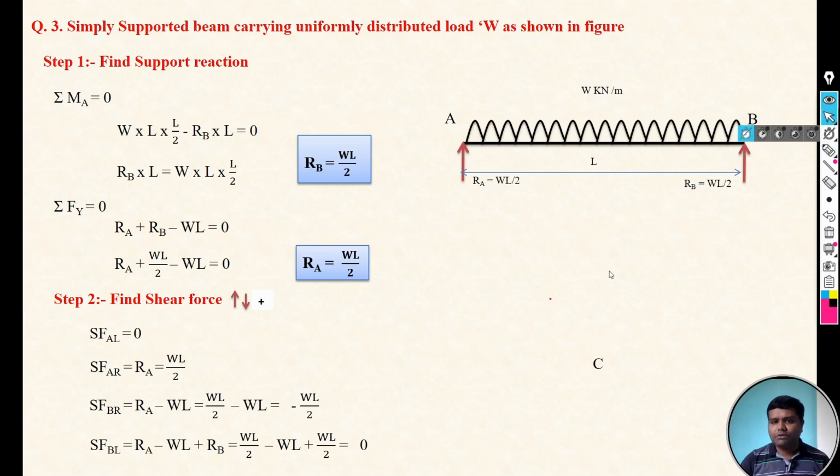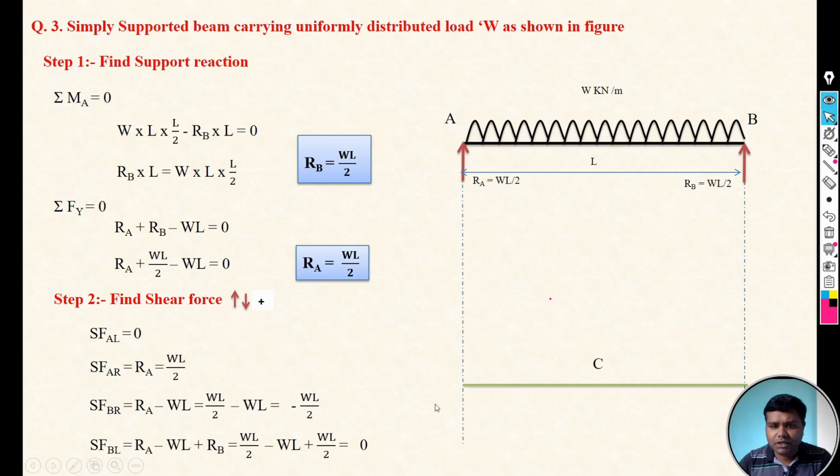Okay, once we calculate the shear forces at each point, then we can draw the shear force diagram. Just for the shear force diagram, draw the reference points at A and B, then take a base line. Then A left is 0, but A right is WL by 2. Then from A to C or any intermediate point, the diagram is straight.